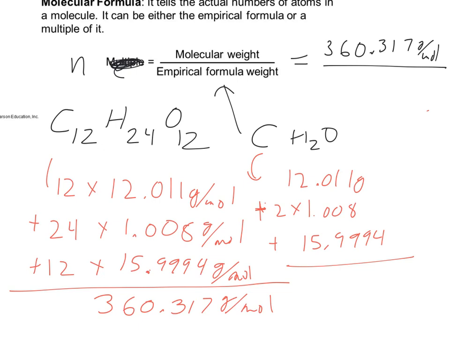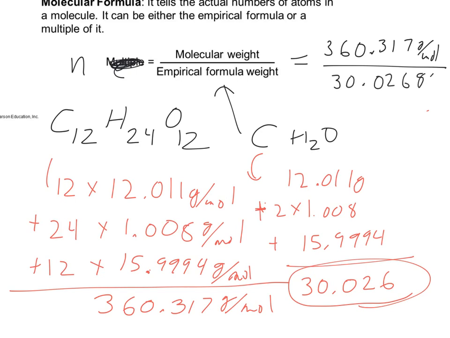And that's going to give me 12.011 plus 2.016 plus 15.9994 equals 30.026. So that's the mass of the empirical formula.